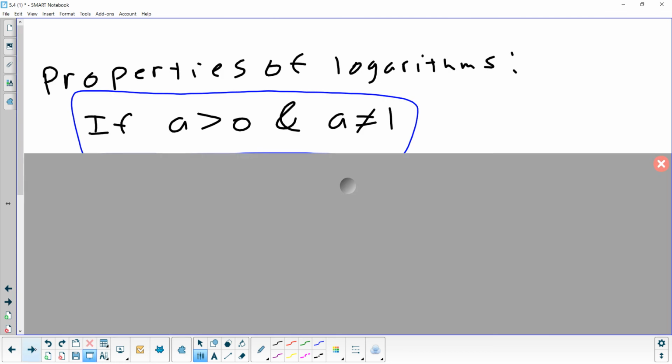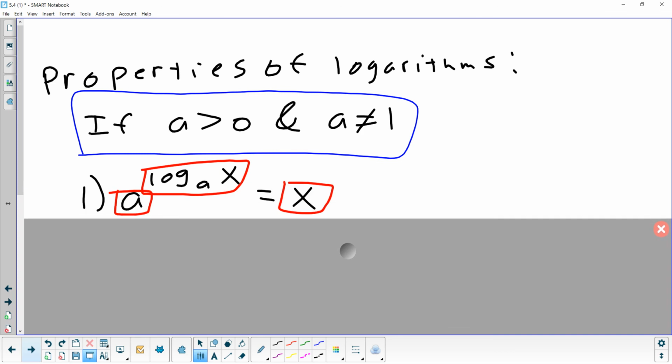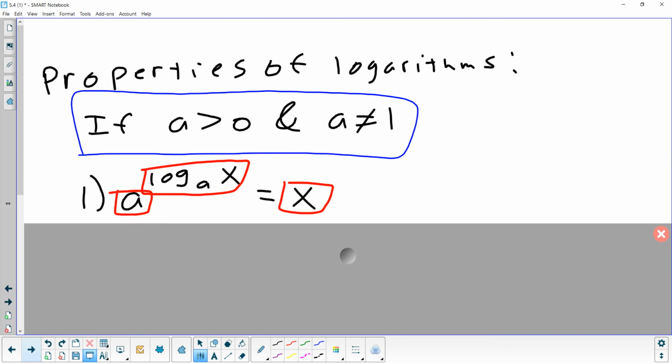All right, let's look at some special properties of logarithms. These are more like patterns to look for. They're not really a calculation you would do. And we'll do some examples after. But if you ever ended up with something that was a to the log base a of x, the answer that you would get when you simplify all of that is whatever number is right there.